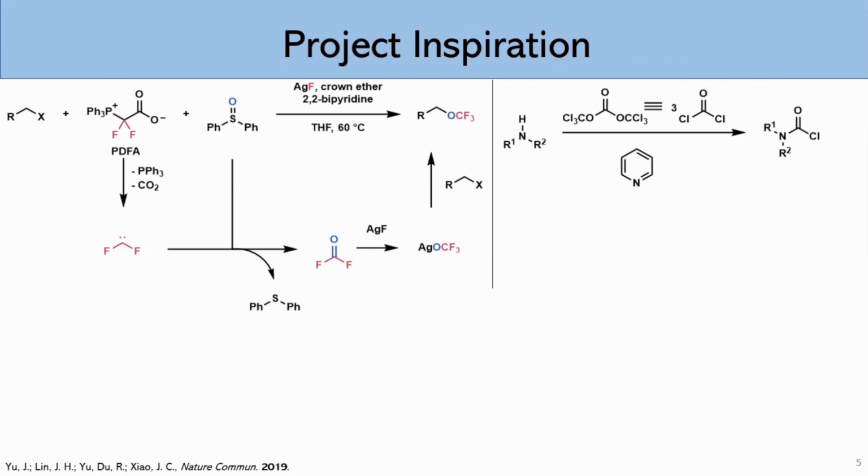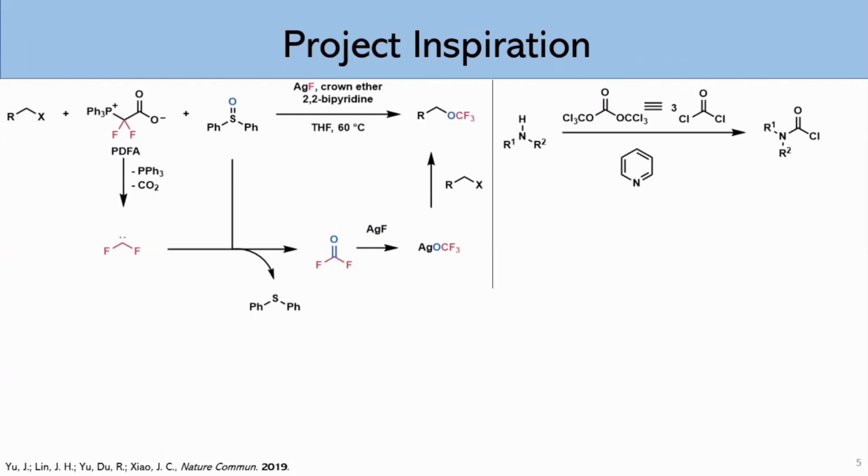So this is done through the use of phosgene or a phosgene surrogate, such as triphosgene, which is kind of three phosgenes in a trench coat, if you will, with a pyridine additive. The pyridine additive acts to help decompose the surrogate as well as to activate the phosgene itself to make it more electrophilic.